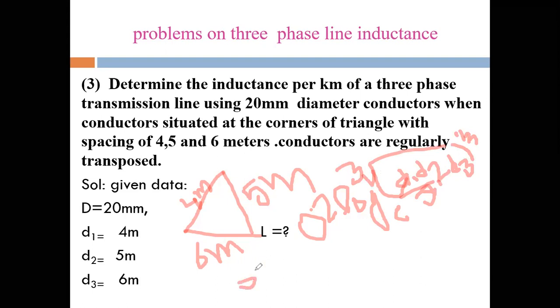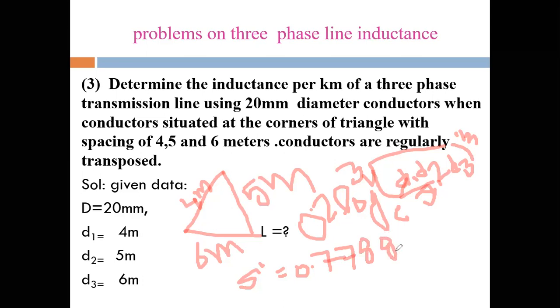What is the formula for that r dash? That is the GMR, geometrical mean radius. GMR is the geometrical mean radius. What is the formula for that? That is 0.7788 into r.